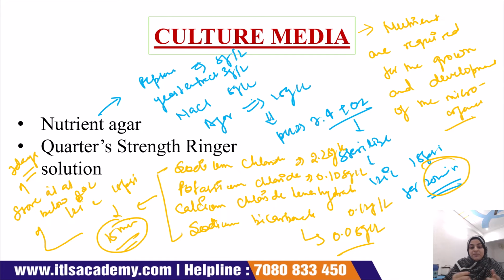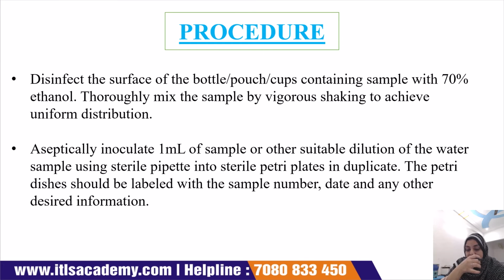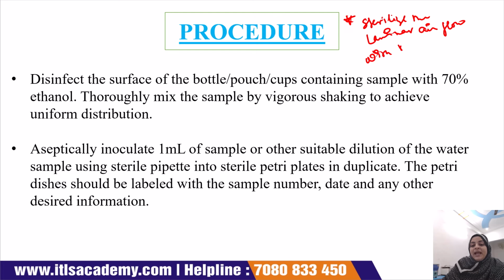After preparation of the culture media, the next step is your procedure. So in the procedure, first of all, we have to sterilize the laminar airflow with the help of 70% ethanol.